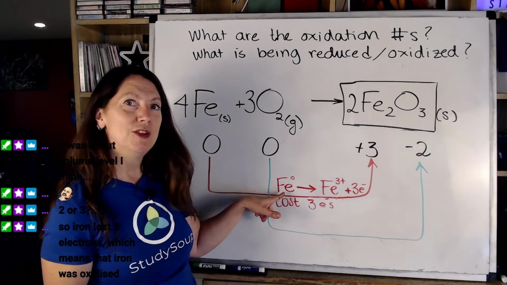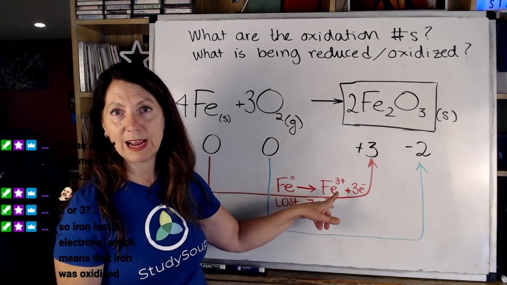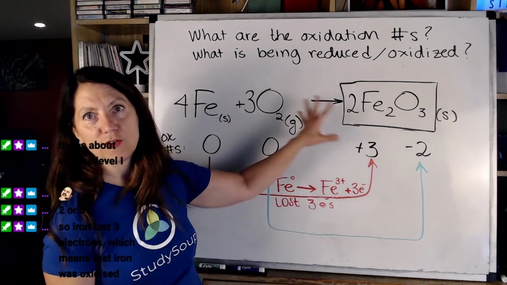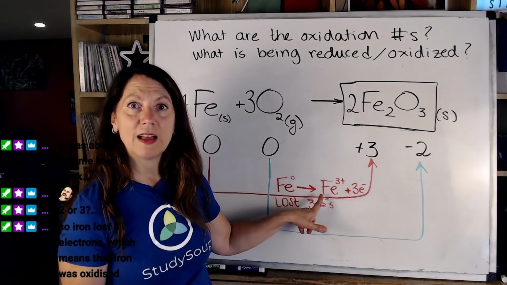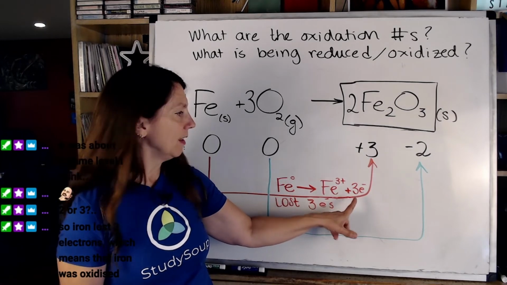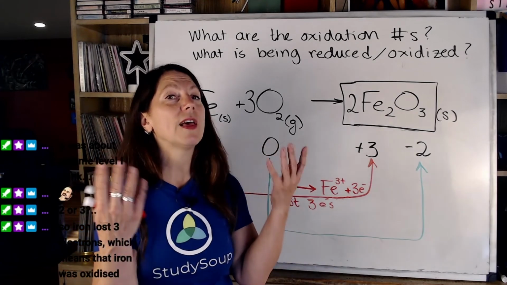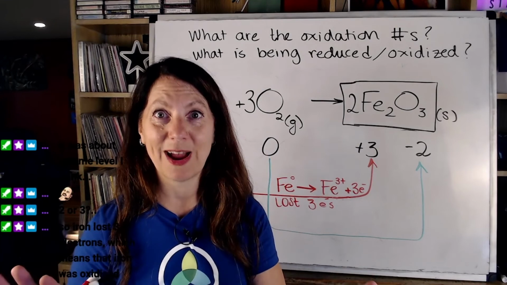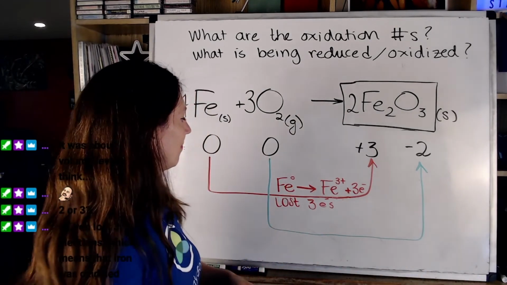So if you have a neutral species on this side, the other side of the chemical reaction, in this case it's a half reaction, because we're not looking at the oxygen yet, this also has to have a charge balance. The +3 here is canceled out by the -3, and so overall on the product side it's also neutral. So that could also help us know that we decided correctly. Yes, it lost electrons. So nice job.